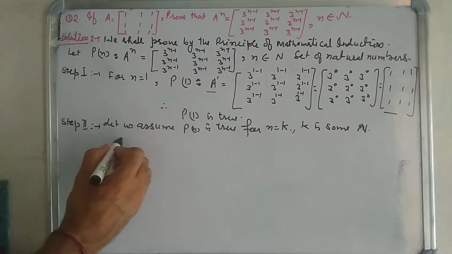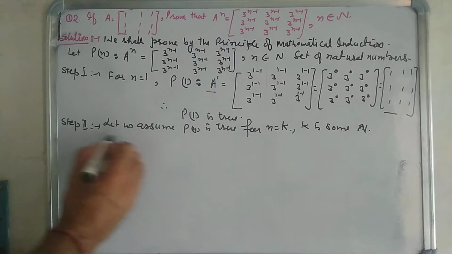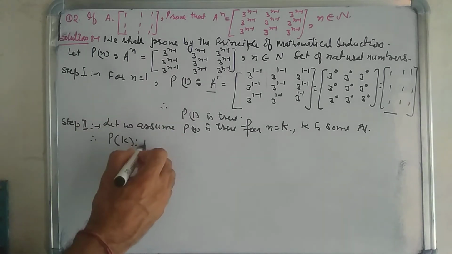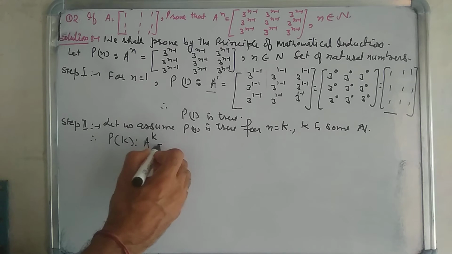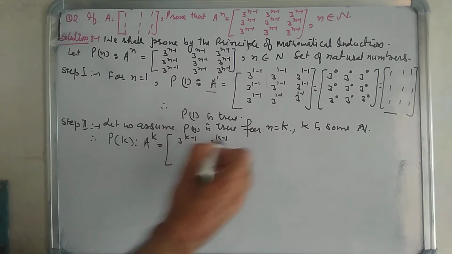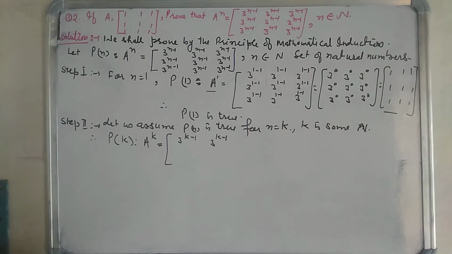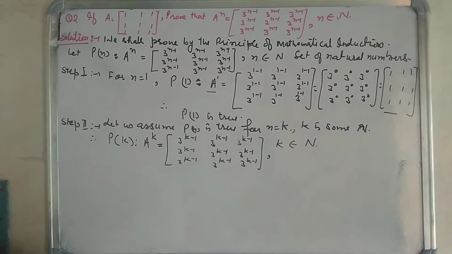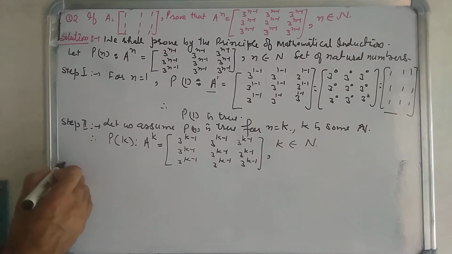So replace n by k. Therefore the Pk statement becomes A raised to the power k is equal to the matrix with 3 raised to k minus 1 in each entry. Let us assume the statement becomes this.